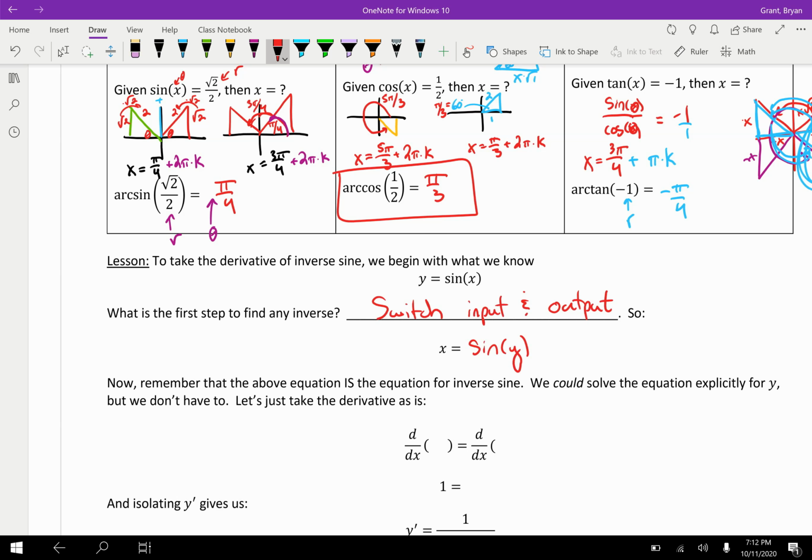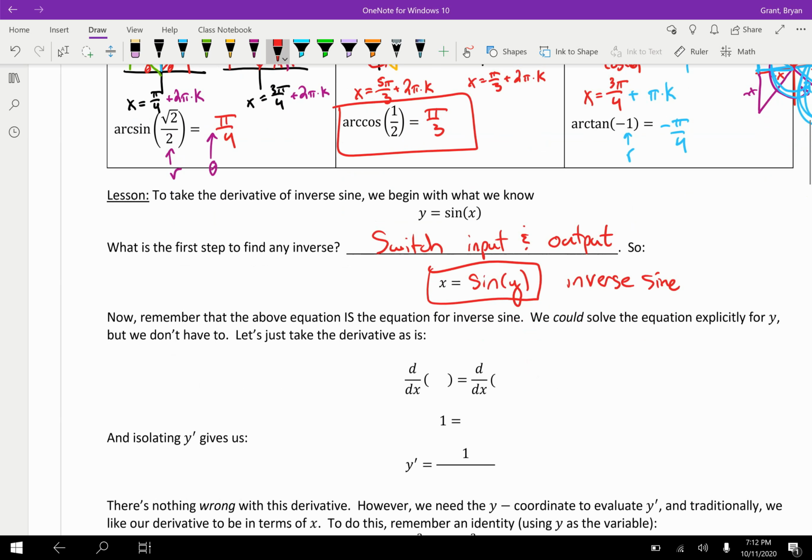Now, typically, once you find this inverse, they usually have you solve for y. But we're not going to solve for y here. We're just going to remember that relationship, right? This is another way to write inverse sine, just a little bit more succinctly without having to use that weird notation.